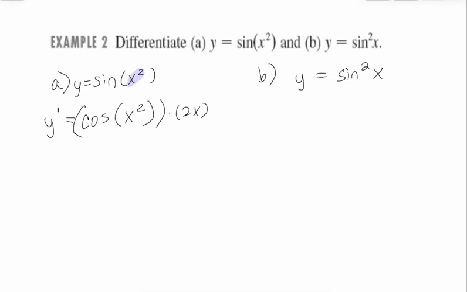This is our rewrite. This is the same as the sine of x, the whole thing squared. So always do that rewrite when you see a power next to your trig function. That means that trig function should be in parentheses and squared.